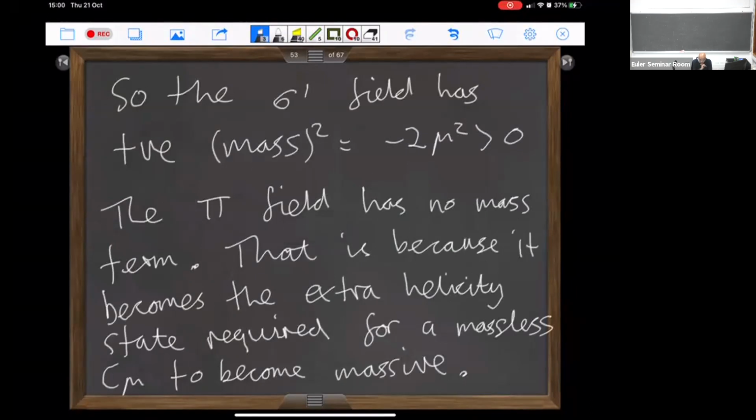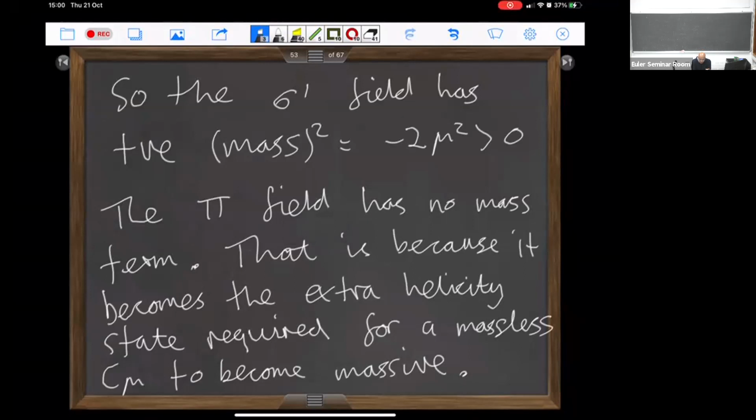Now, the pi field has no mass term at all. And the reason for that is that it becomes part of the gauge field mass, essentially.